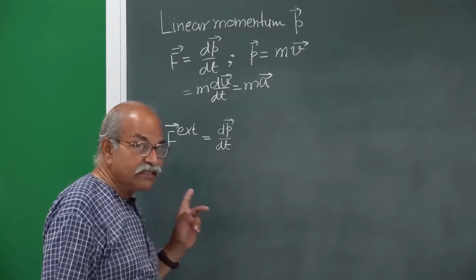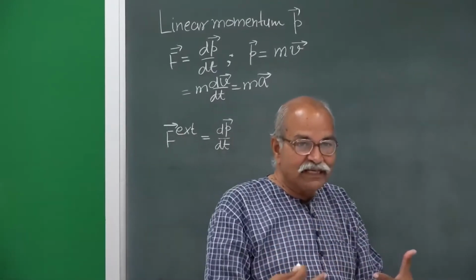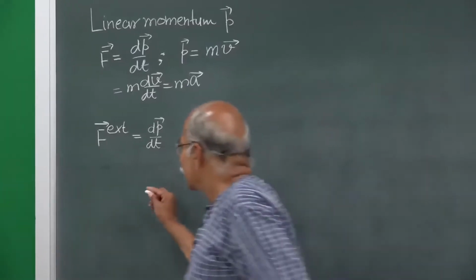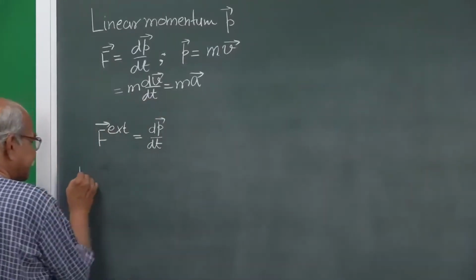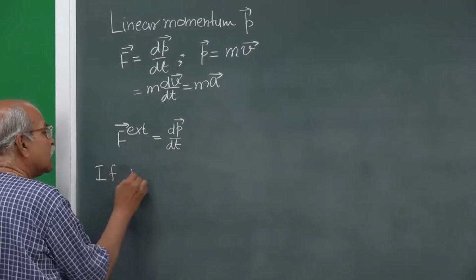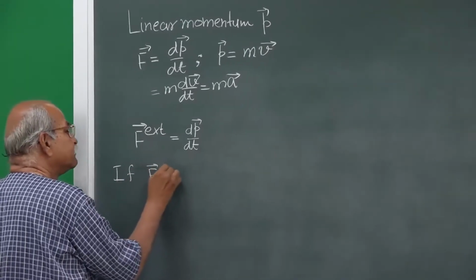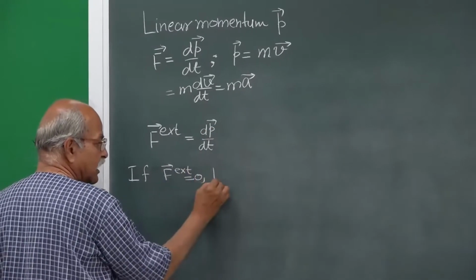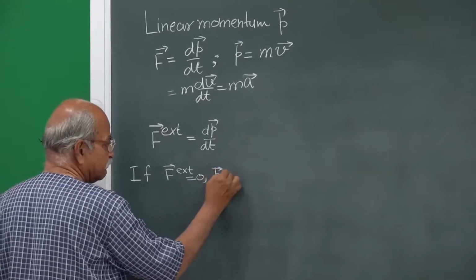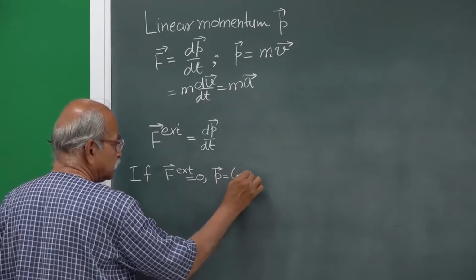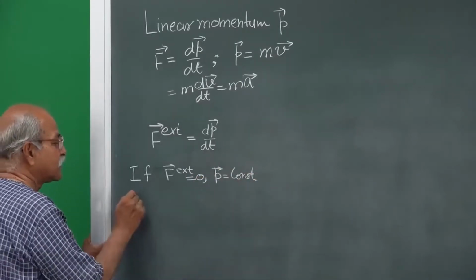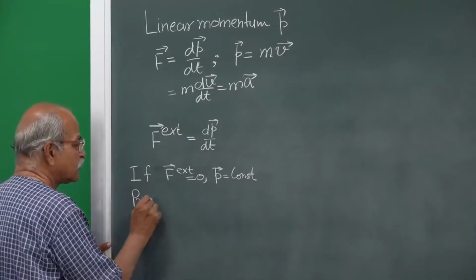That is still valid. The internal forces occur in pairs and therefore they cancel out, and hence if external force is 0, dp/dt is 0, and therefore P is constant. This is known as the principle of conservation of linear momentum.